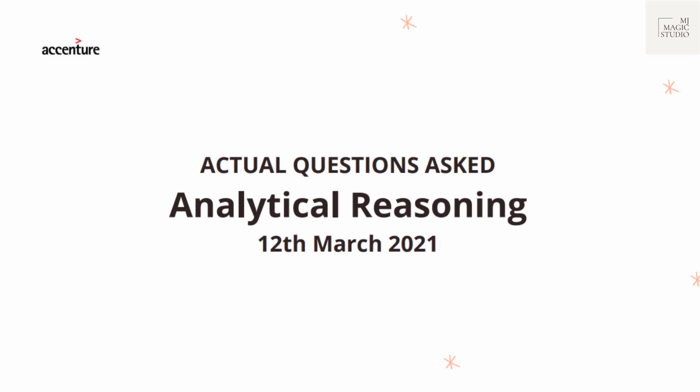These are the questions which were asked on 12th March, but I have added a few more questions which have been recently asked in the reasoning section. So please enjoy this session, stay calm, pause the session, try to solve the question by yourself, and then look out for the solution. So on this note, let's start now.